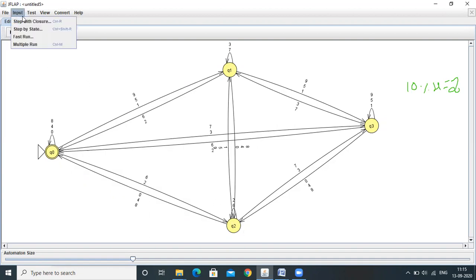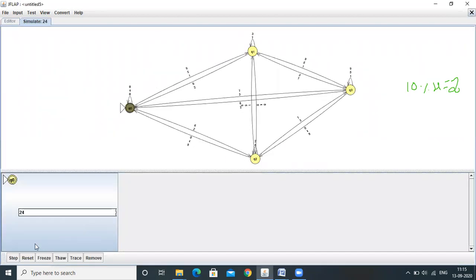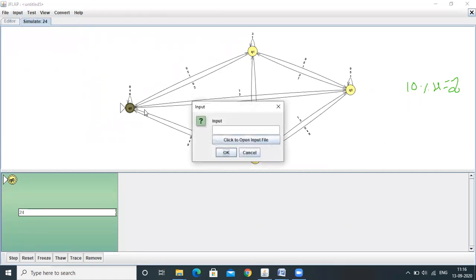Let's verify by supplying different inputs. Take 24, which is divisible by 4. Let's check whether it is accepted or not. It ends in the final state, so it is accepted. Let's take 240, which is divisible by 4.